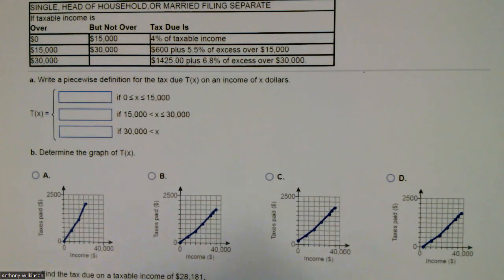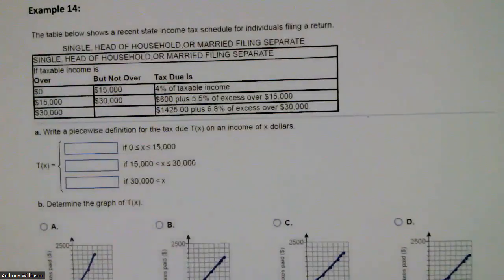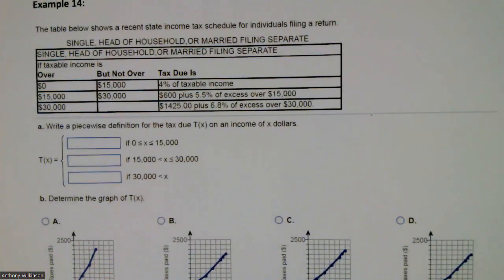Okay. And finally, example number 14 deals with tax returns. Now here the table below shows a recent state income tax schedule for individuals filing a return. This one is for single, head of household, or married filing separate.